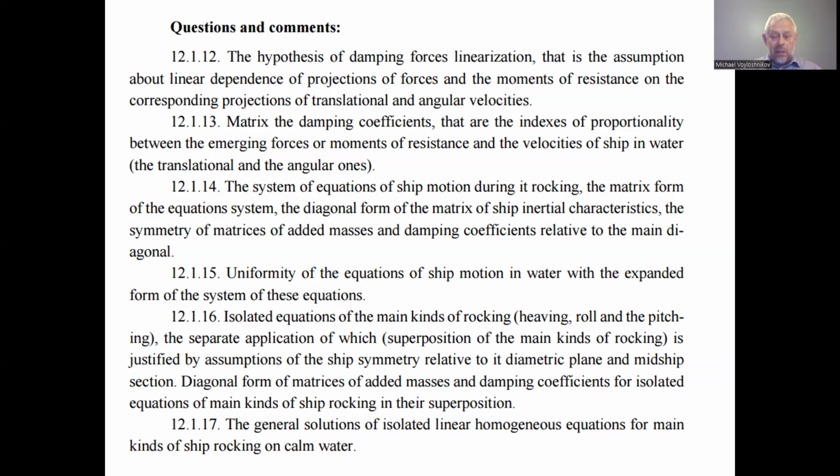So we can reduce the indexes from two indexes for the matrices of the added masses and the damping coefficients. First, due to the assumption of symmetry, these matrices reduce to the diagonal form. So all zeros off the diagonal remain for definite magnitudes of the indexes of the added masses and the damping forces.